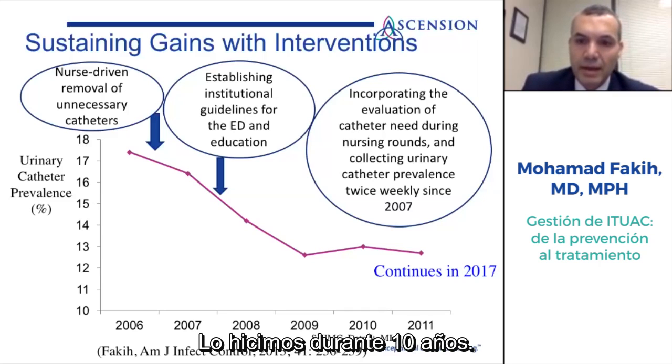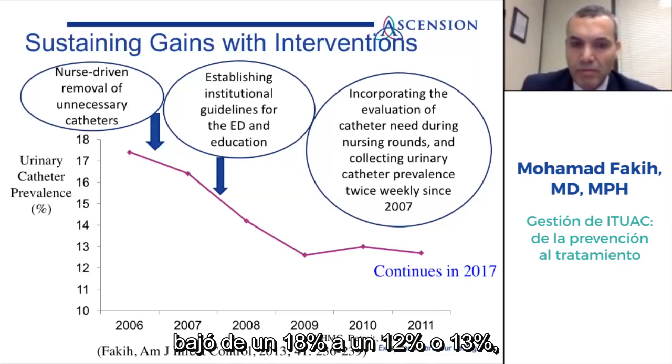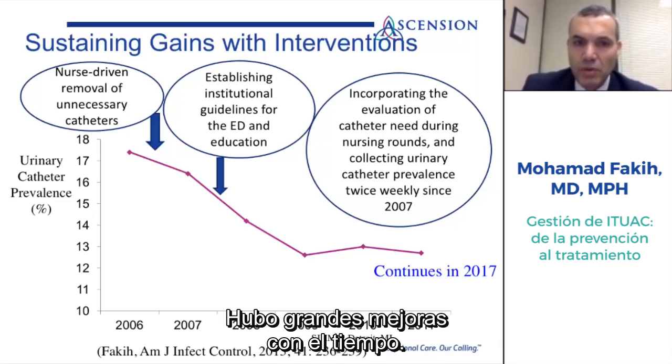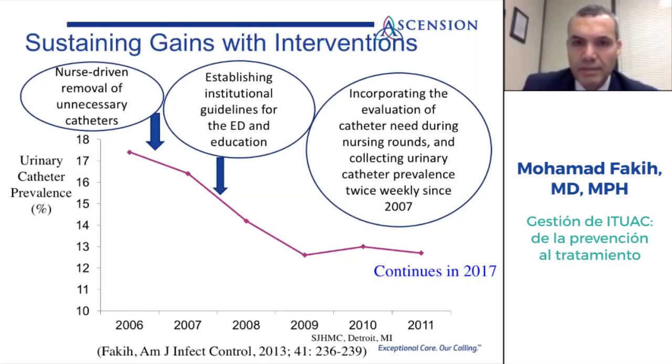And we did it over about 10 years. And as you see, the utilization in non-ICU dropped from about 18% to about 12 to 13%, and it's still continuously dropping. So huge improvements over time, and these interventions showed sustainment.